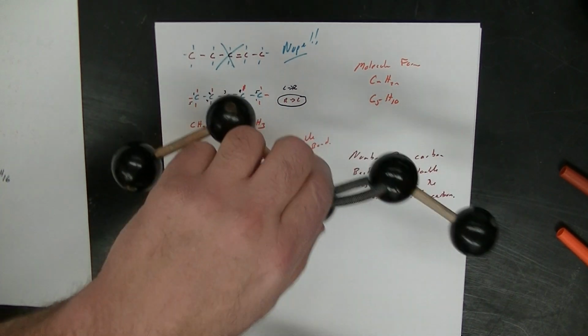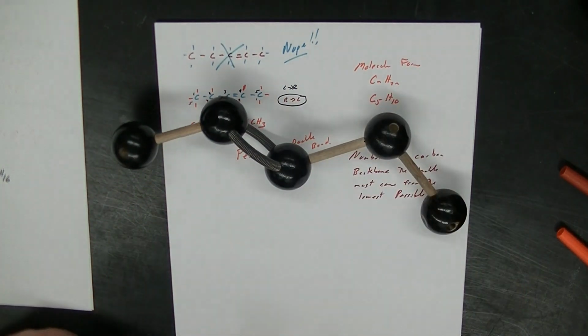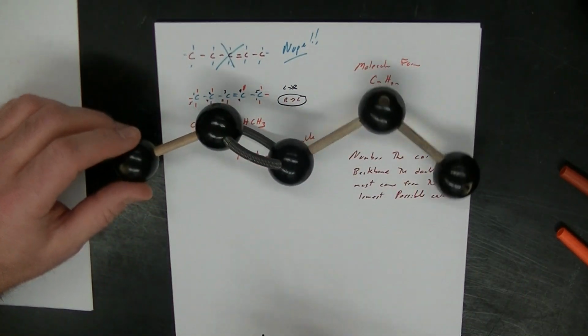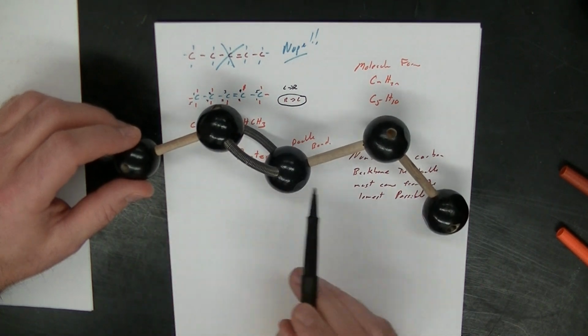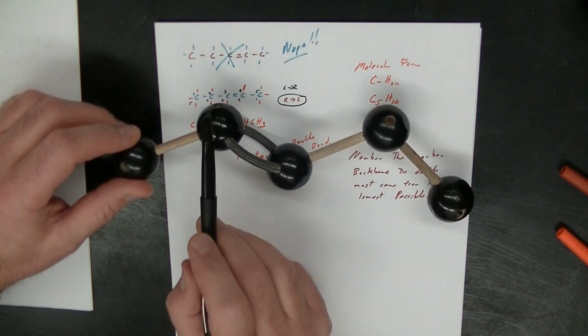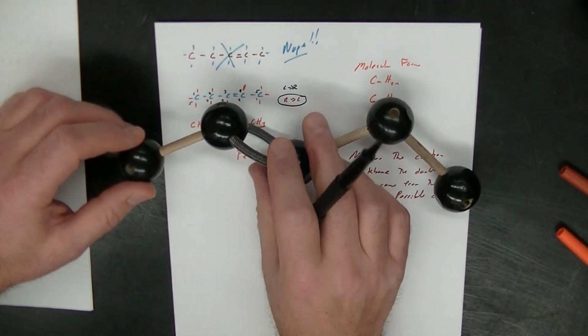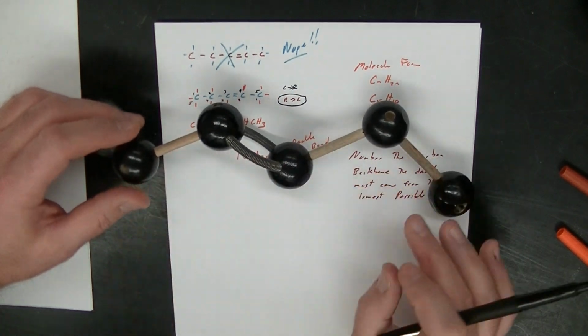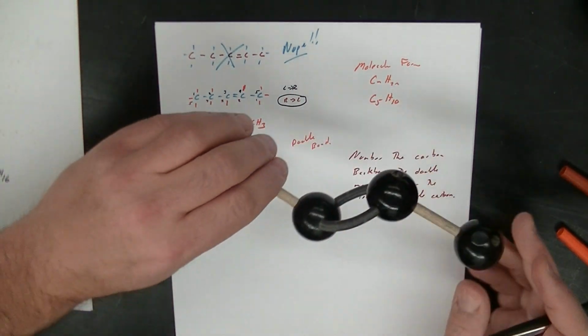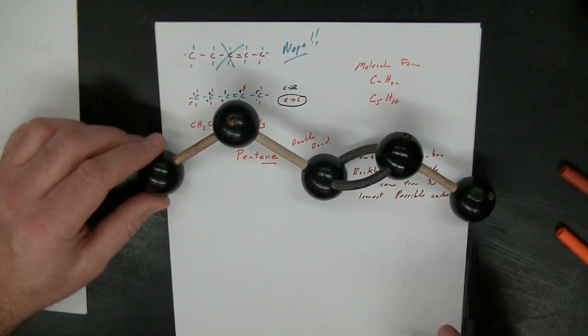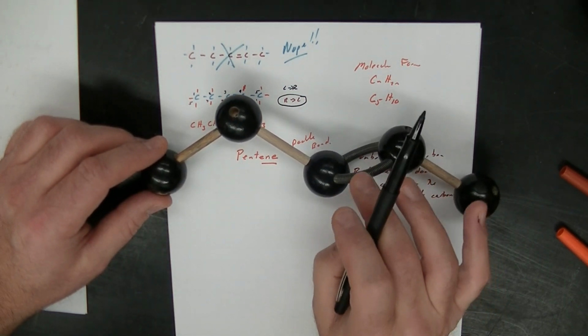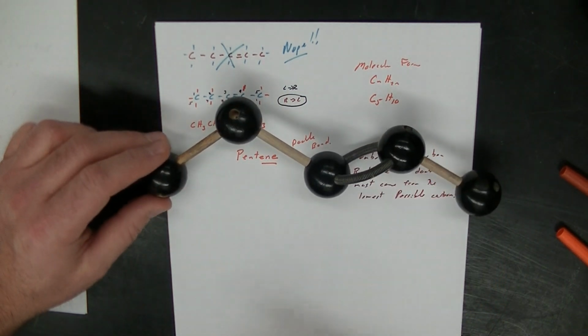Now, if I just flip it over, I would number it 1, 2, 3, 4, 5, so it's still coming off the 2 carbon. All this does is orient our molecule for us. We just have to decide, are we going to go left to right or right to left? And the double bond is going to dictate which way we number.